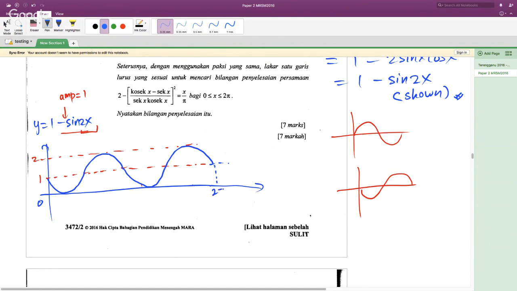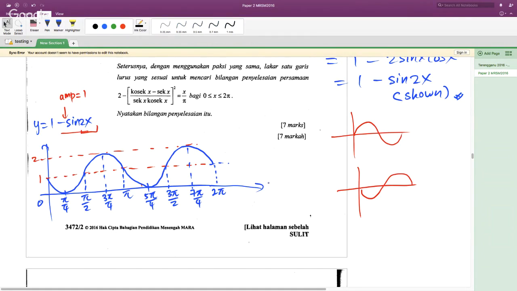Okay, this is 2 pi. This is 1 pi. This is pi over 2. I mean, this one should be 3 pi over 2. If you want to separate them again into the smallest parts, basically this is pi over 4, 2 pi over 4, 3 pi over 4, 4 pi over 4, 5 pi over 4, 6 pi over 4, 7 pi over 4, and 8 pi over 4.